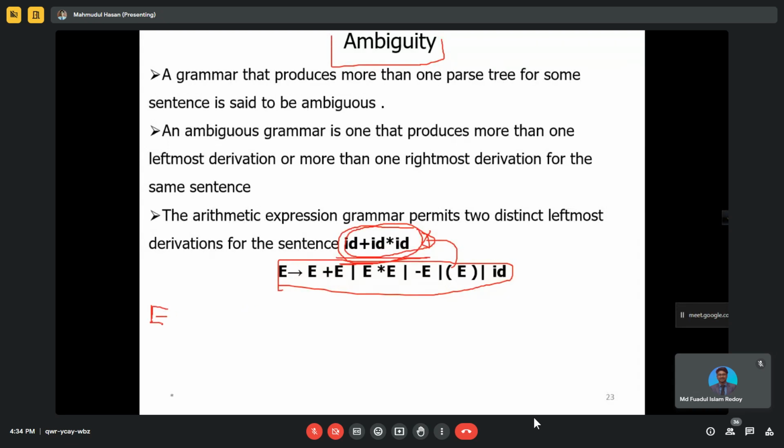Maybe someone said E plus E, and someone said E into E. Both are correct, and this is the ambiguity. That means there is a confusion. If there is more than one answer, then your system will be confused about which one it should choose. That is ambiguity. So suppose someone said E plus E and someone said E into E.